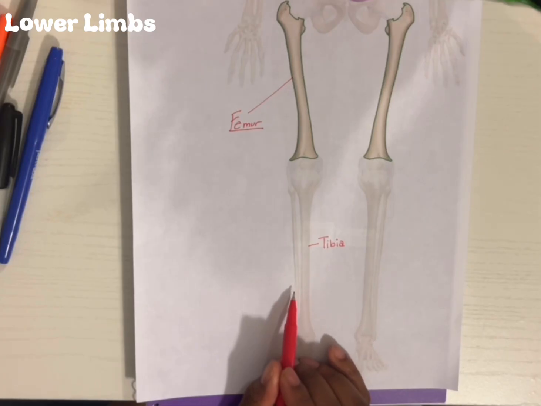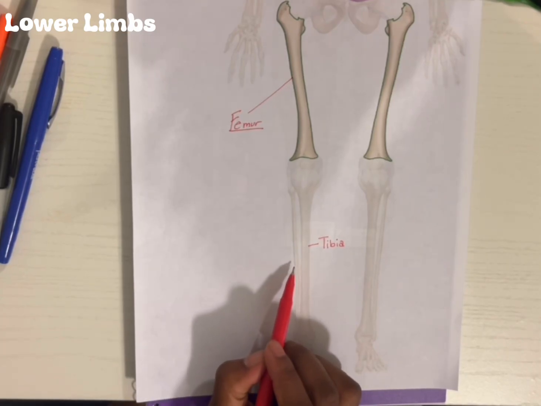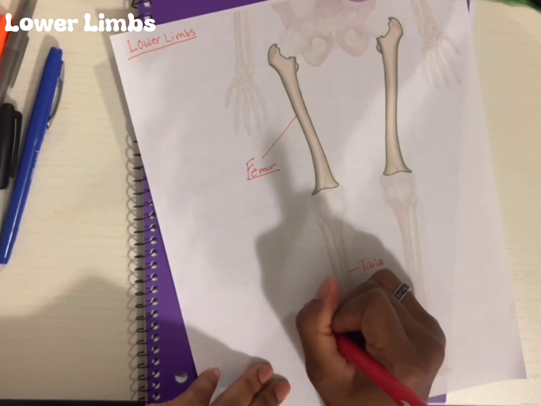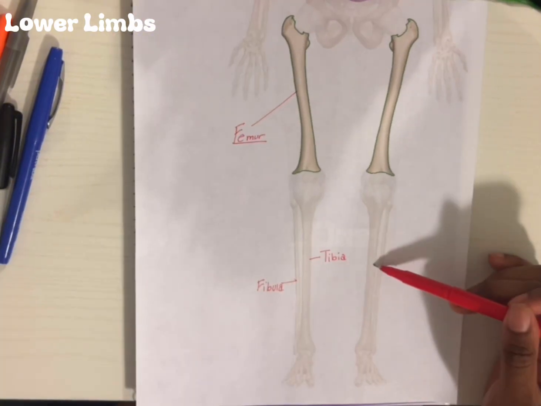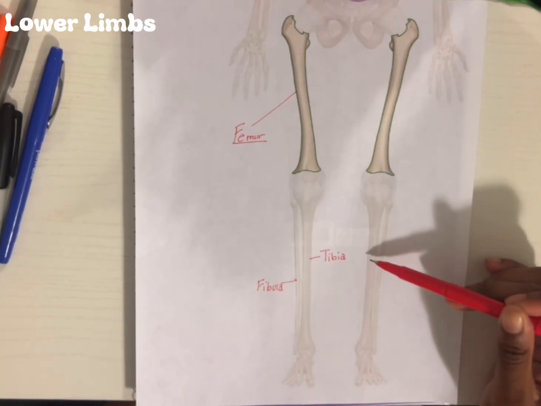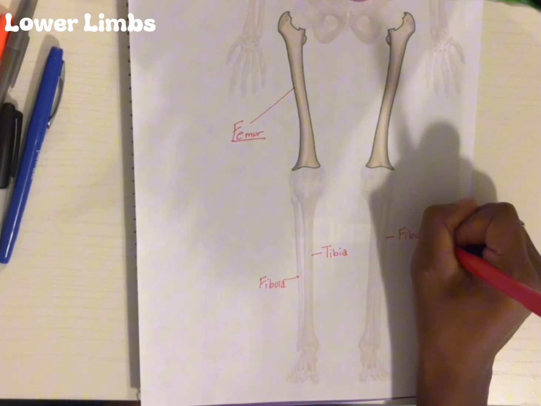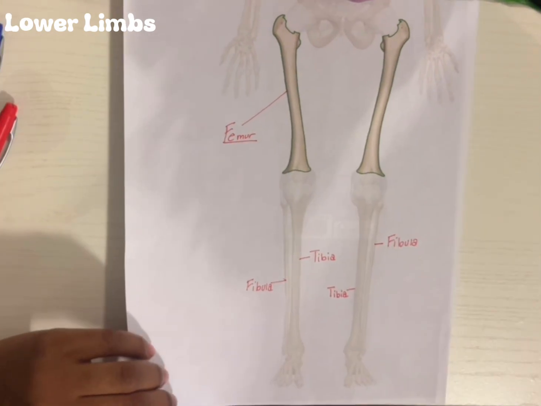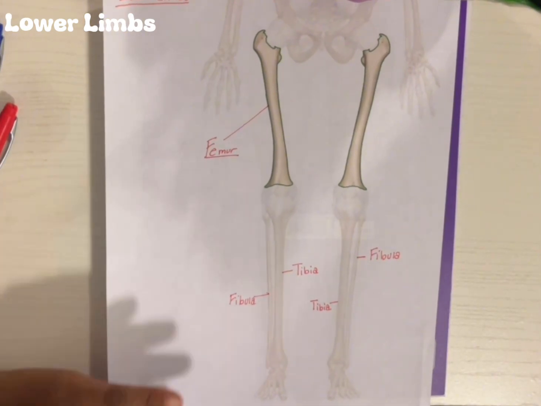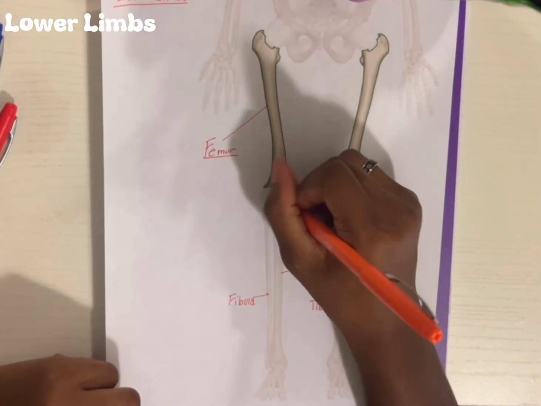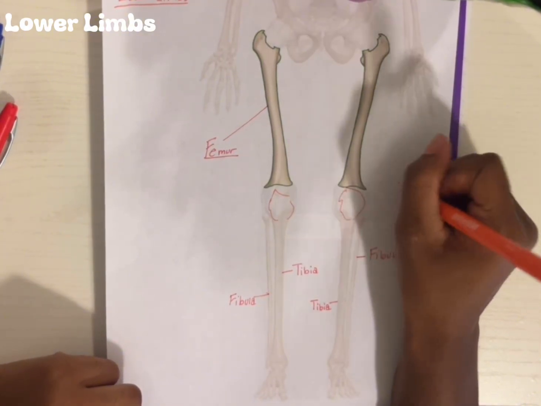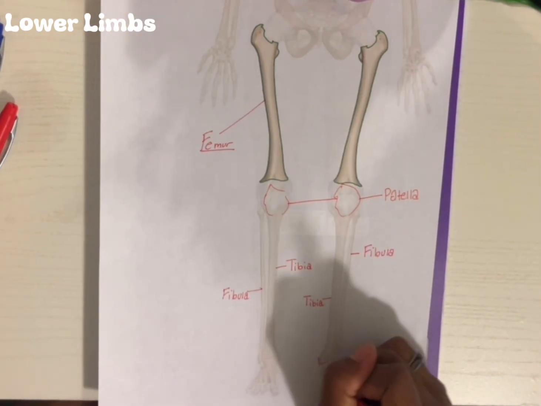On the outer end, or the more lateral end, is the fibula. Again, more medial side, tibia, more lateral side, fibula. We're going to take a better look at them, but just from right here, you can see the patella.